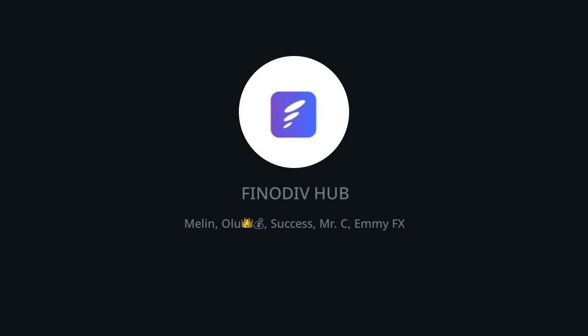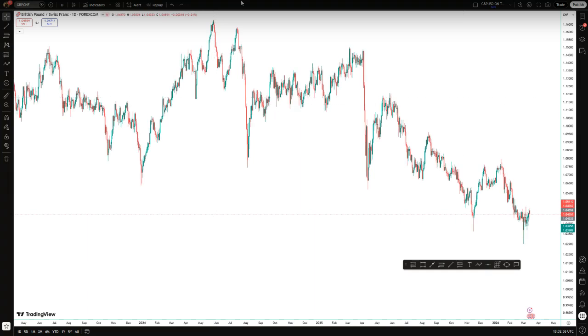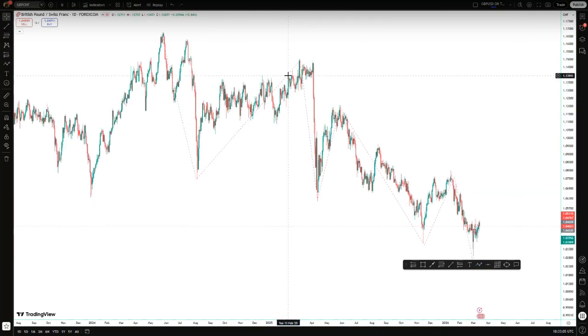Very good. So from May 2024, the market of British pound GBP CHF has been going in what way? From a high, it created a lower low, a lower high, a lower low, a lower high, a lower low, a lower high, and then a lower low. What would this be? A bearish market. This was obviously a bearish market.